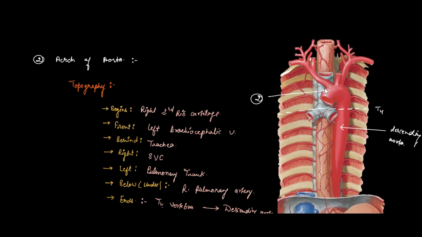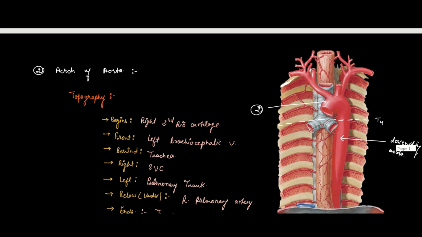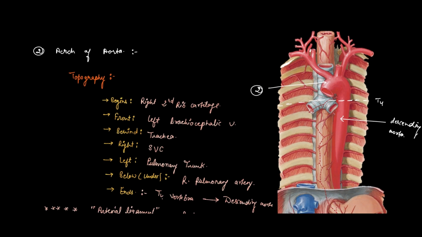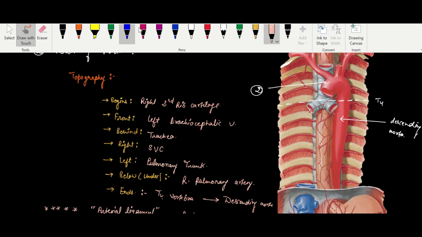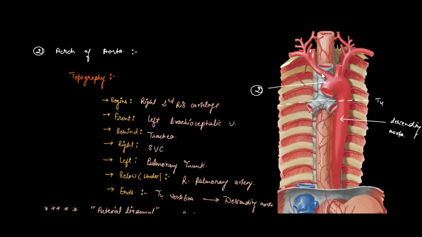Now let's see the major blood vessels which arise from this part of aorta. They can be easily understood in this picture. So we will try to name these blood vessels shown here, from right side to left side. On the right side exists the brachiocephalic trunk, the first vessel.